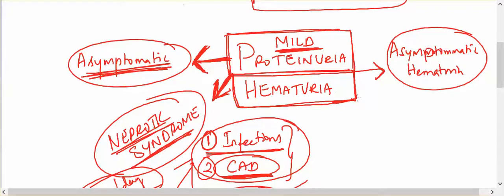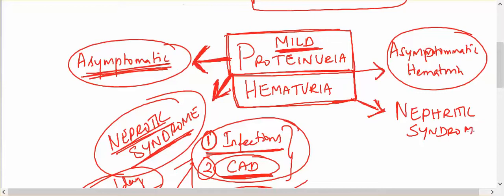Okay, now if it produces symptoms, it is called nephritic syndrome. Nephritic syndrome, when we say, it is always acute.